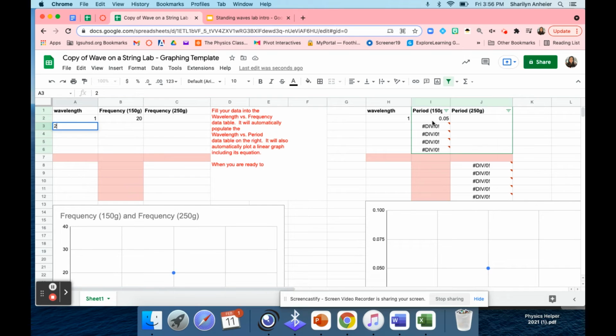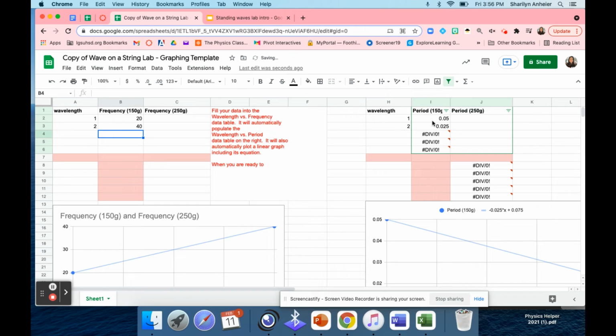Let's just populate some more data, and I'm making all of this up in my head. Notice how as I plug in the wavelength and the frequency for the low tension, it's going to give me a linear graph. This one is not going to give me an equation. The period is going to give me an equation here. Now, let's plug in some data for our other graph.